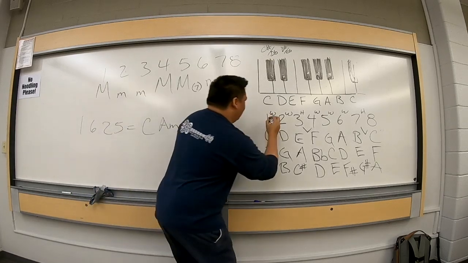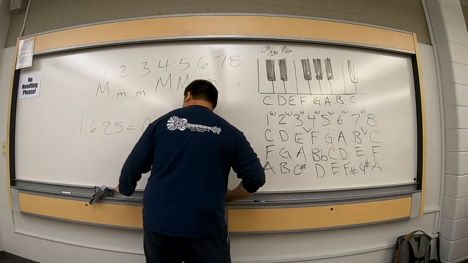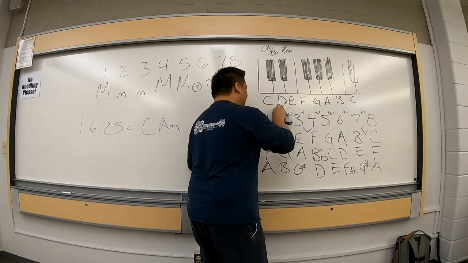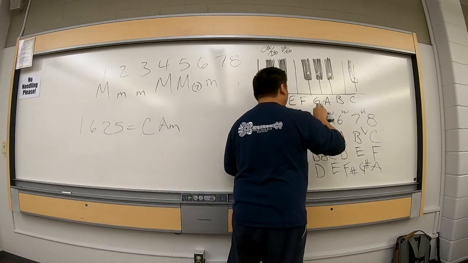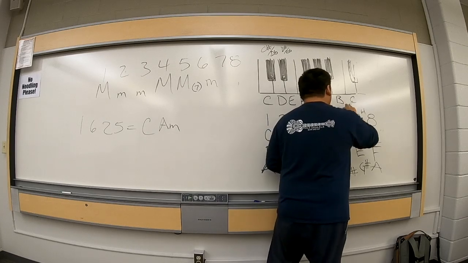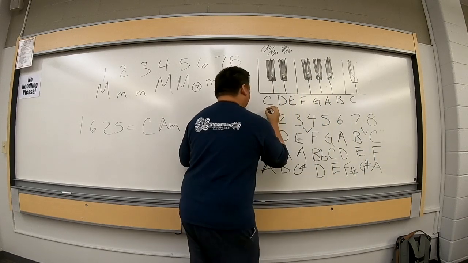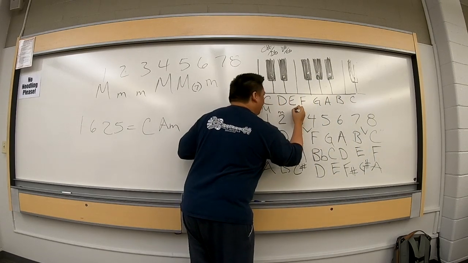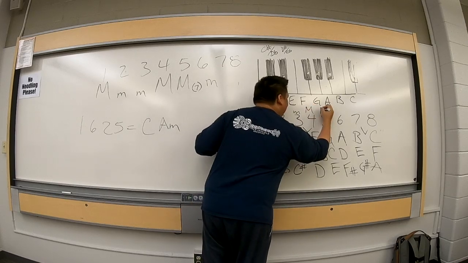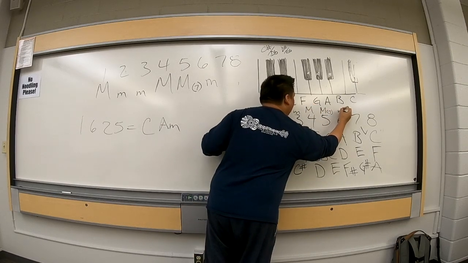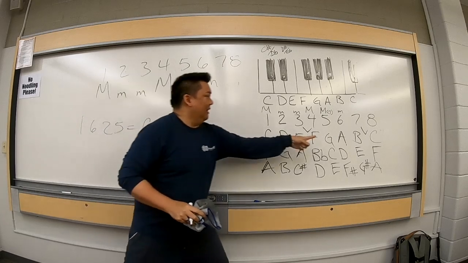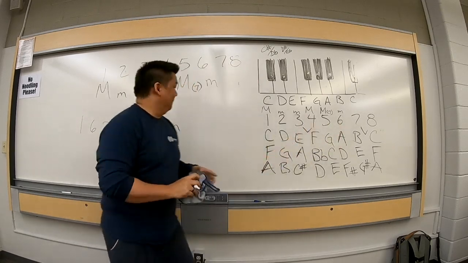So I'll write it over here one more time too, because it's nice to have everything in one section to look at, because I don't like moving back and forth. 1 will be major, 2 minor, 3 minor, 4 major, 5 major or dominant 7, 6 minor. So the 6 was going to be A minor.